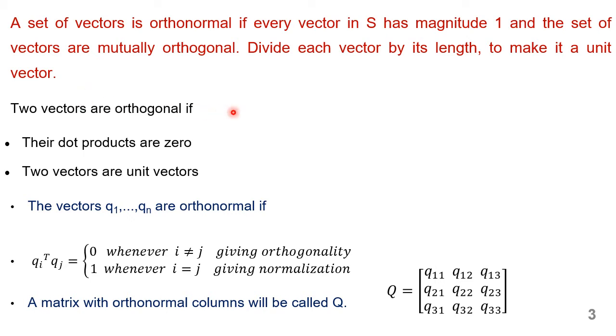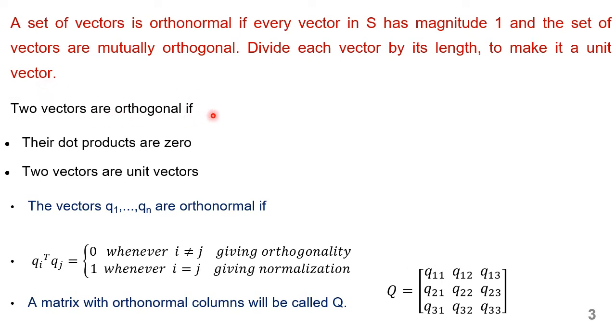A set of vectors we call orthonormal when every vector in the set has a magnitude of unity, and also all these vectors should be mutually orthogonal to each other. And in order to get its magnitude, we have to calculate its length first, and we have to divide the vector by the length in order to make it a unit vector.